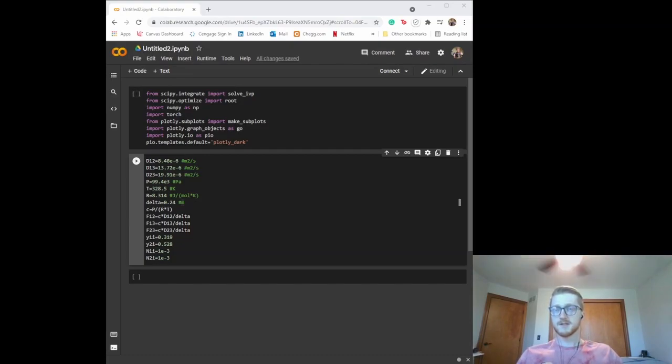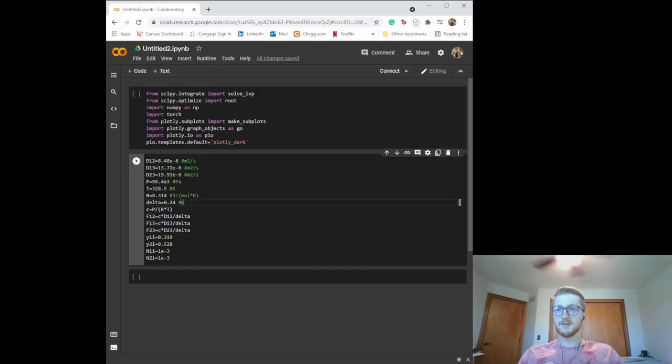So what I first did is outline the parameters of the problem. These are the Stefan-Maxwell diffusivity constants, which I turned into meters squared per second rather than the millimeters squared per second in the book. I outlined the pressure and temperature, the ideal gas constant, and delta, which is the length of the Stefan tube, which is 0.24 meters.